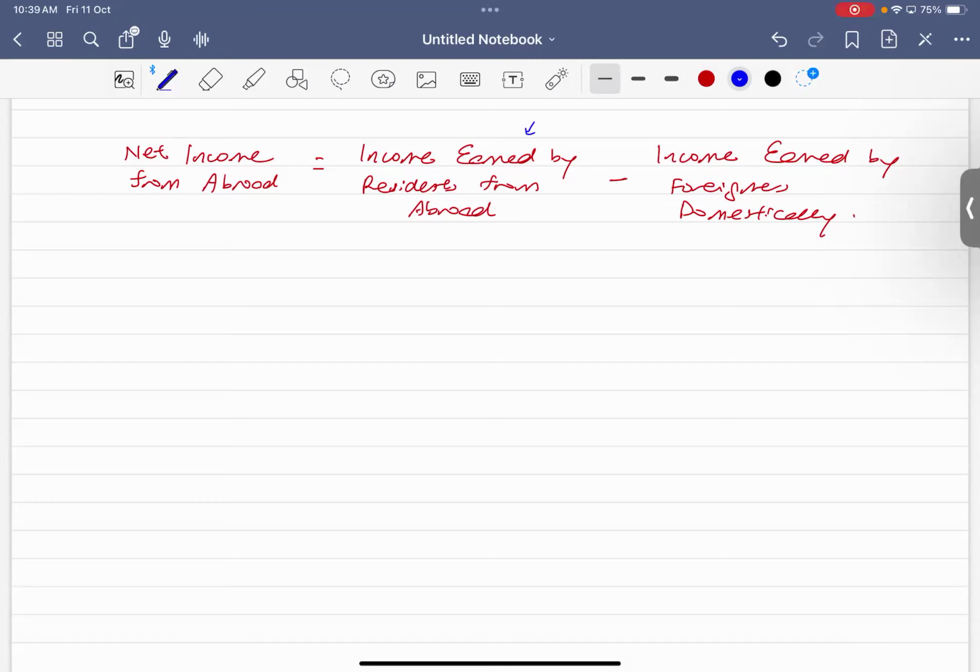On the other hand, what do you mean by income earned by foreigners domestically? For example, Singaporeans open a business in Malaysia and the business is making profits. The Singaporean is a foreigner, but he's making money domestically. Another example: I am Malaysian and I invest in UK firms and earn dividends.